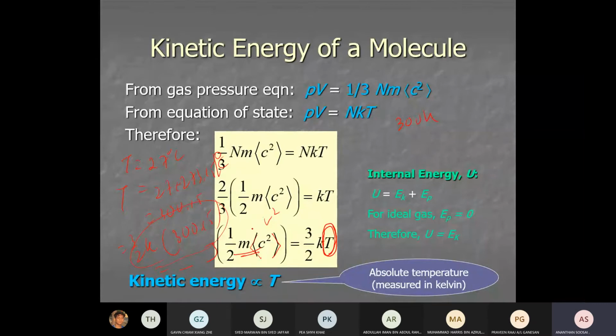Now tell me, in your room you have oxygen, carbon dioxide, and nitrogen, all different molecules, but they are exposed to the same temperature. Do the oxygen and carbon dioxide have the same kinetic energy or different kinetic energy?